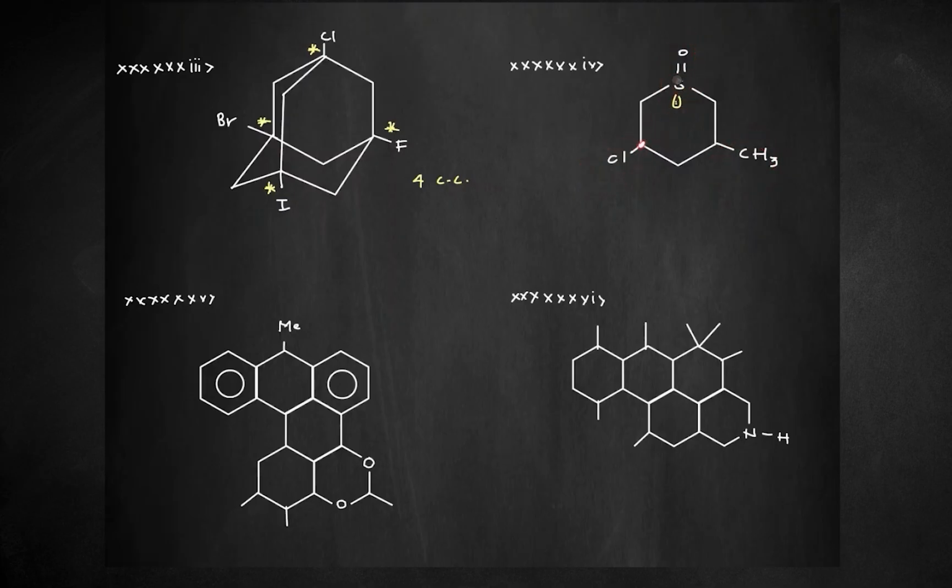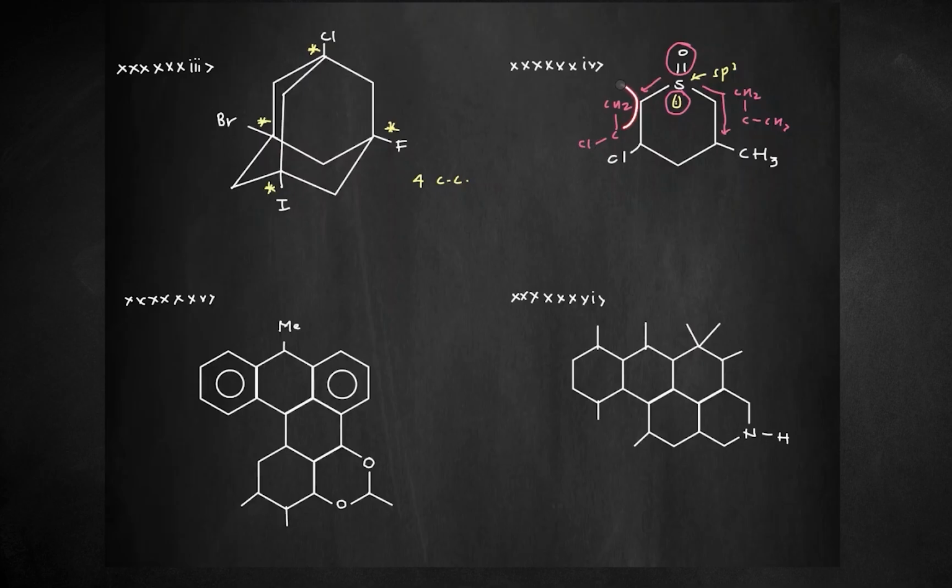Okay, this and this. Let's check the first position. This is sp3 hybridized. First part, second part different, third part, look here, this is CH2 attached to CH3. Here CH2 attached to CCl.